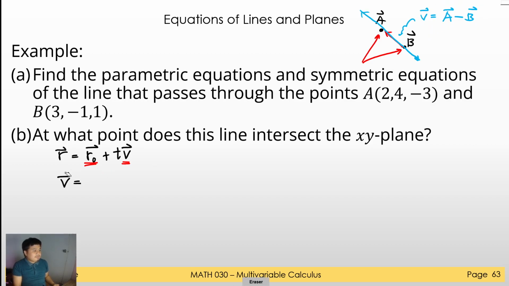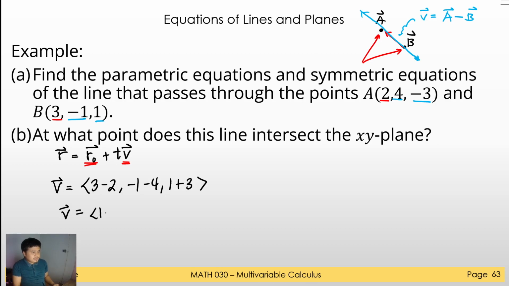So to find v, it is equal to the difference between these two vectors. We have 3 minus 2, and then -1 minus 4, and then 1 minus -3, so this will be 1 plus 3. And then simplify this vector.